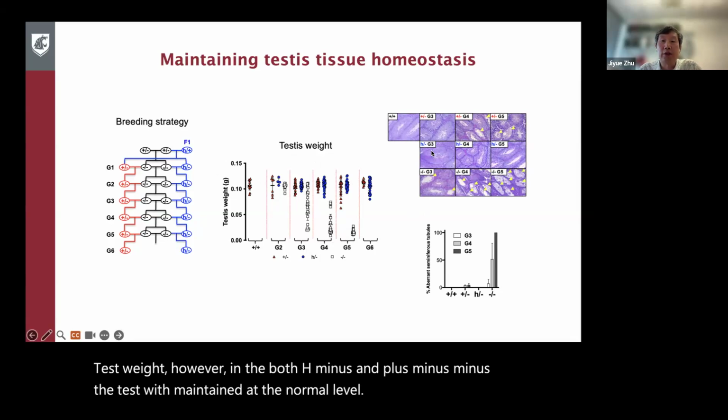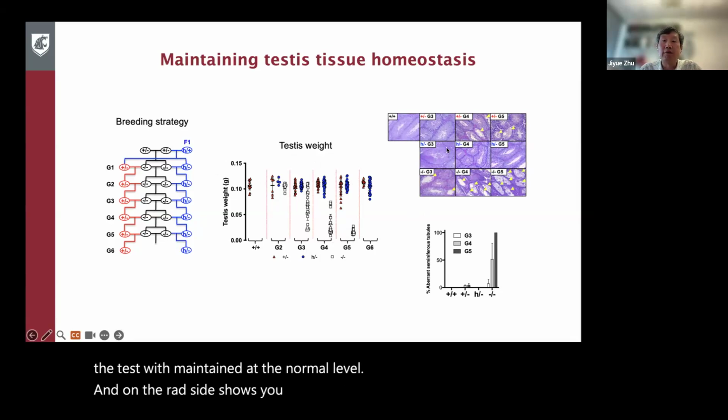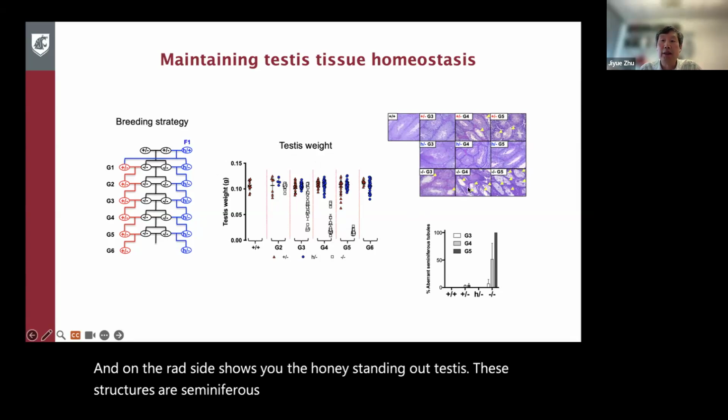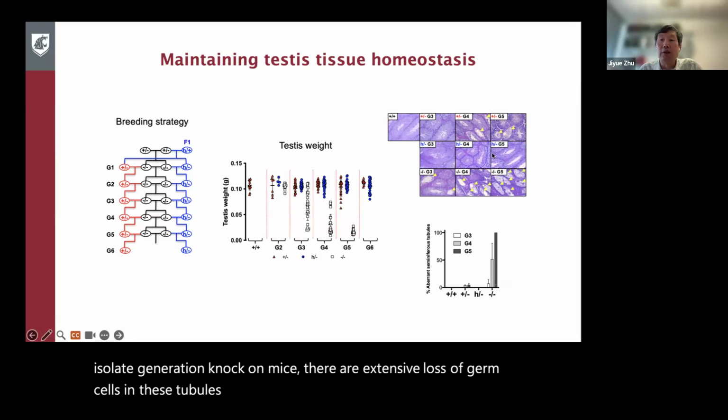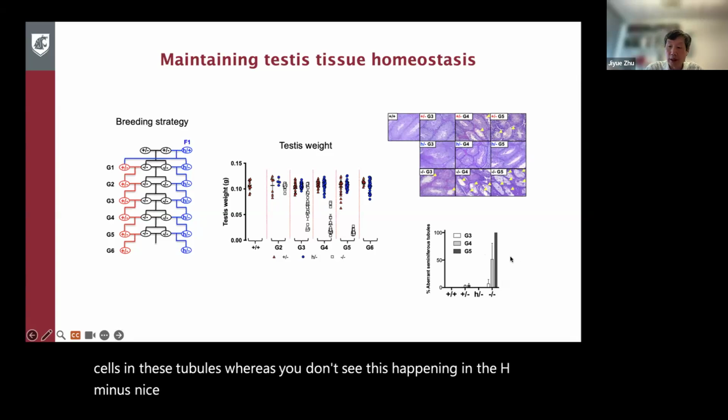On the right side shows you the H&E staining of testis. These structures are seminiferous tubules. As you can see in the late generation knockout mice, there is extensive loss of germ cells in these tubules, whereas you don't see this happening in the H minus mice with the HM allele.